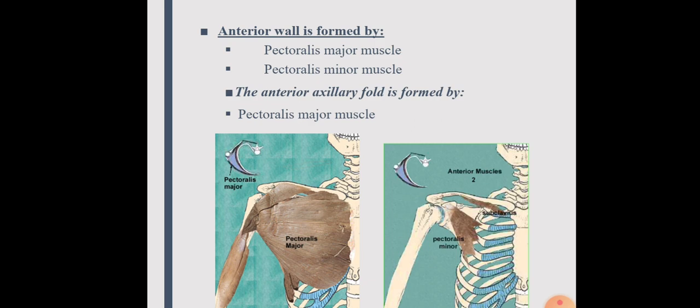When you abduct your upper limb, you can palpate the anterior axillary fold and the posterior axillary fold. The anterior axillary fold is higher than the posterior axillary fold. The anterior axillary fold is formed by the lower border of the pectoralis major muscle.